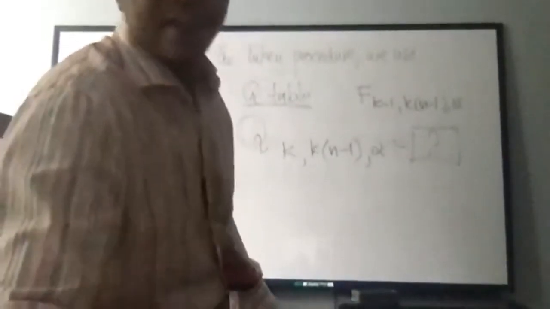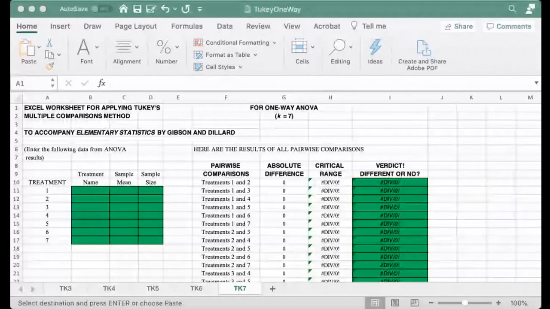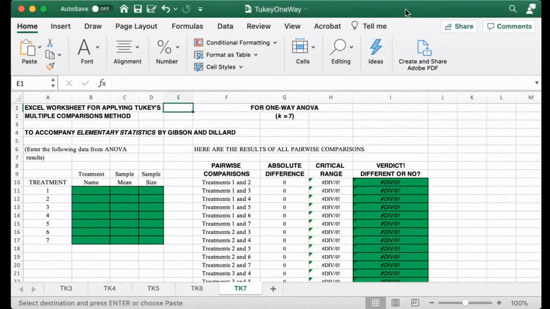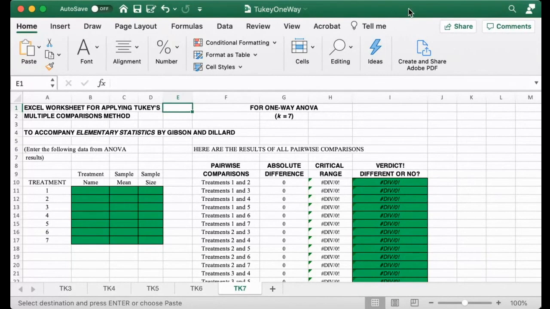Okay, everybody take a look at the Tukey sheet. You see at the bottom it says TK3, TK4, TK5, right? Before pasting, make sure you're on the right sheet. How do I know if I'm on TK3 or TK4?